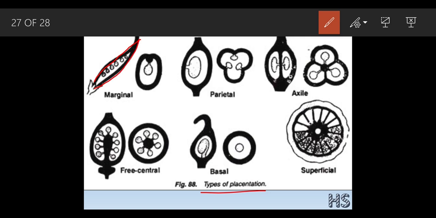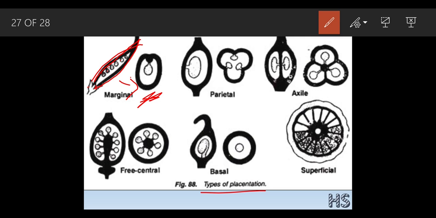Sorry, these are seeds basically, but we are going to call them ovules. See how they are arranged. They are arranged on one of the sides only, and not on the other side, so that is why they are called marginal, okay. If I zoom this photo, it would appear like this, okay. Only one side of the ovules is attached.